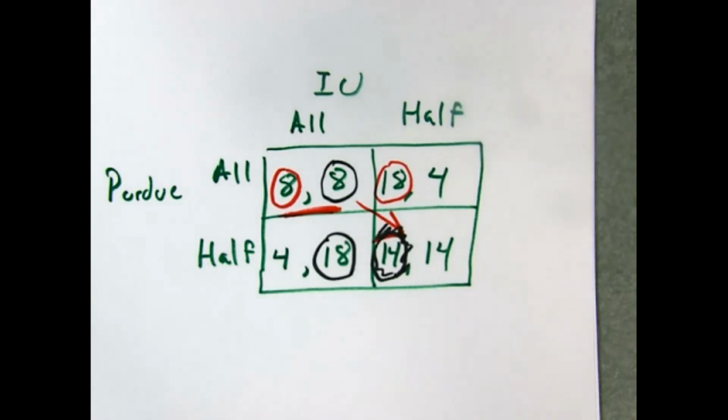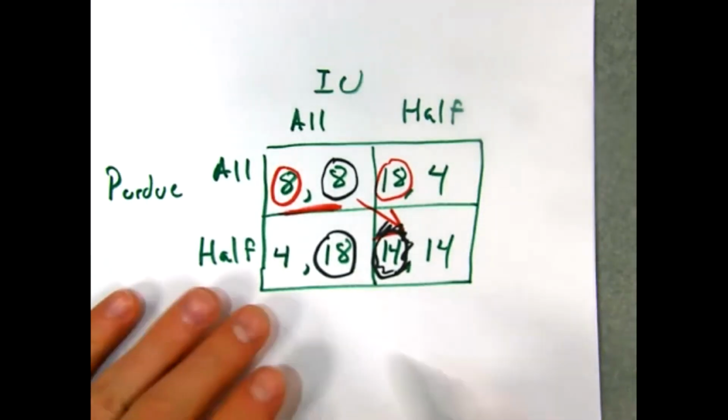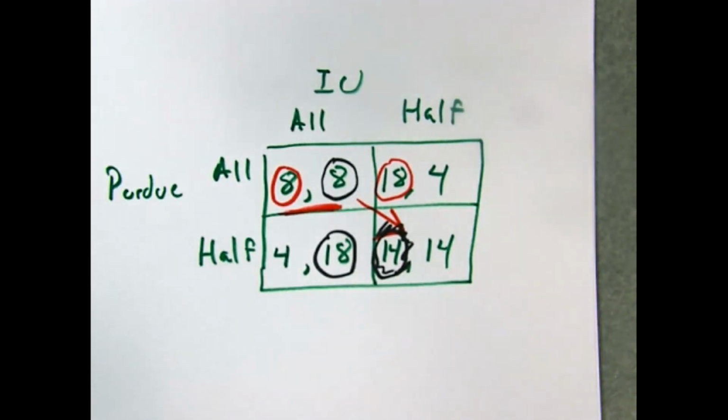So we both have that incentive, and both universities will spend all this money to attract higher quality recruits. Now we're spending all this additional money, but we're both spending it, so we're still in the same position as before. We're just as competitive with each other as before, and we've just spent this additional money and eaten into our profits. So there's a very similar model you could build for spending in general, and you might see a problem like that pop up on a homework or something like that.